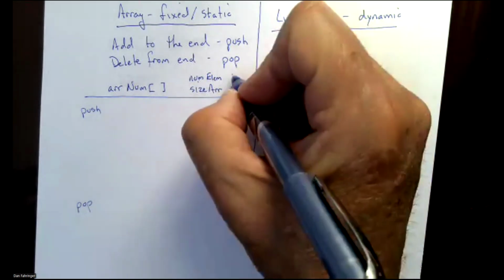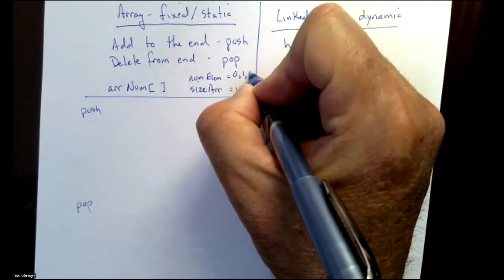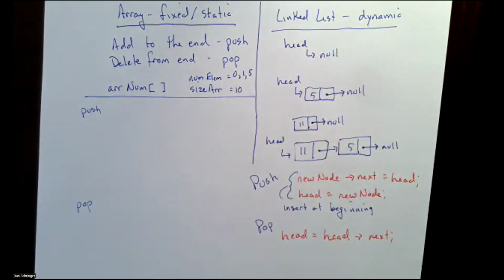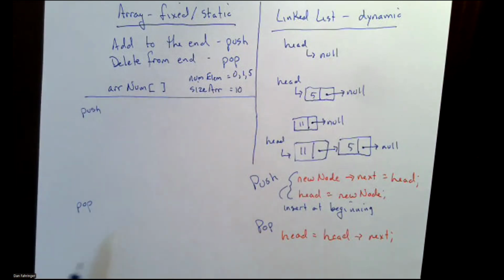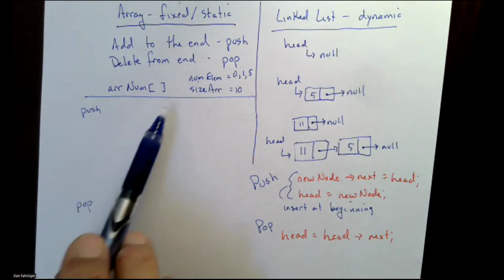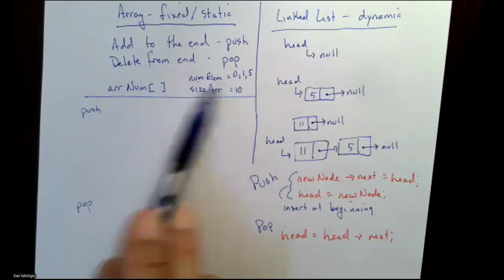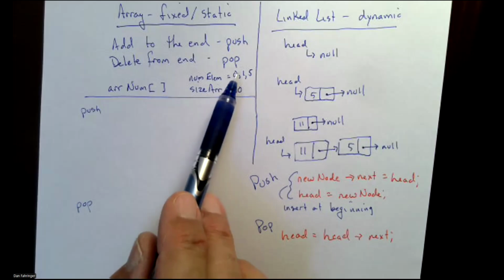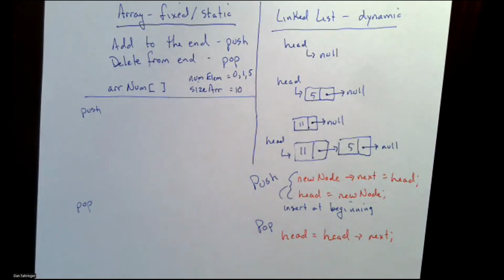What if the number of elements equals 0, 1, 5? We want to make sure our code works for all of those. Again, we're doing a lot of this before I can start writing code. This is my test data. What if the number of elements is 10 and I try to push? Oh, it's full, can't add anything.